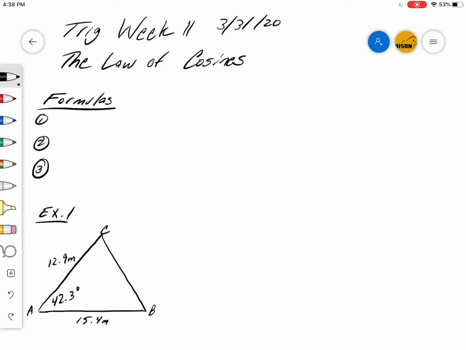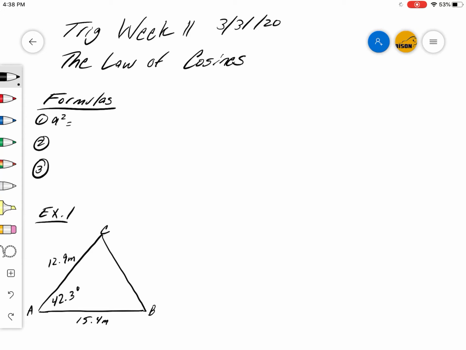So the law of sines is used anytime you have a control. Law of cosines is used if you don't have a control. Okay, so there are actually 3 variations of the law of cosines. I'm going to write all 3 of them out, but then I'm going to talk about how they're all really the same.